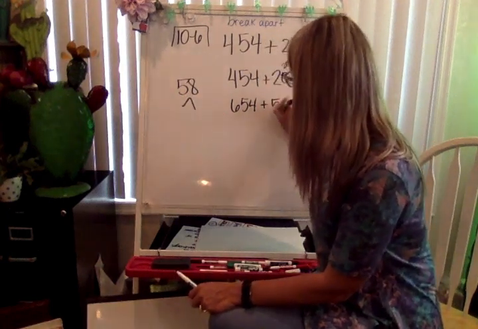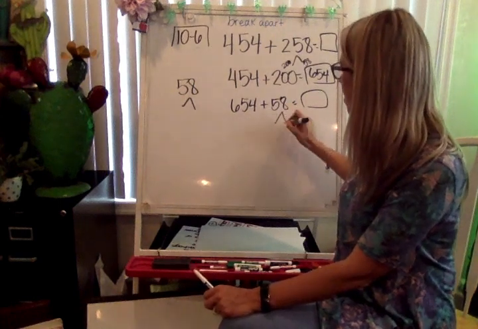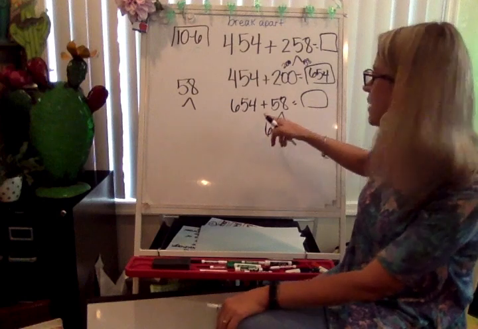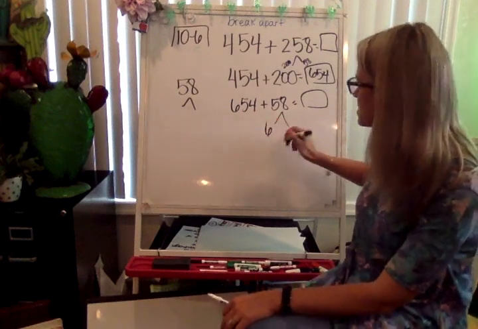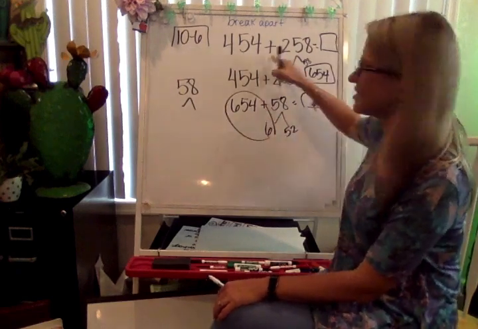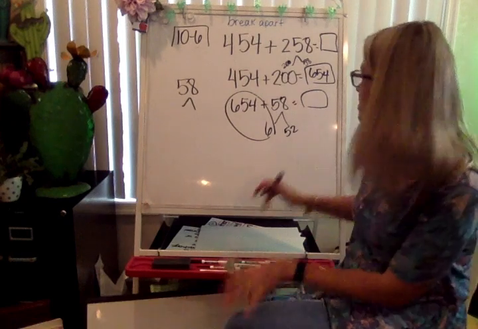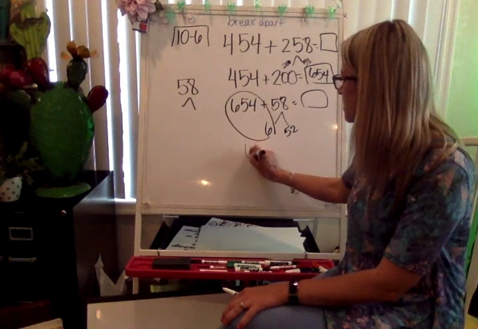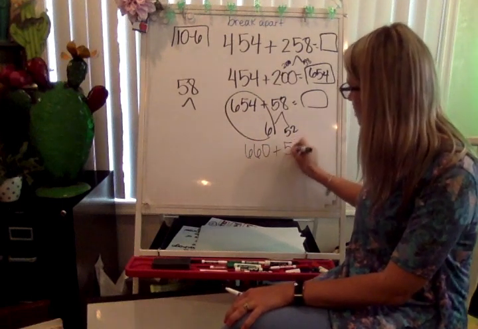I am breaking off 6 because I really want this to be a whole number and not have any of these ones. I want that to get to the next 10. So this is going to leave me just with that 52. This was something that I tried before, but those hundreds, I want those to get out of the way as well. So 654 plus the 6 would be 660 plus the 52. That's my new equation.